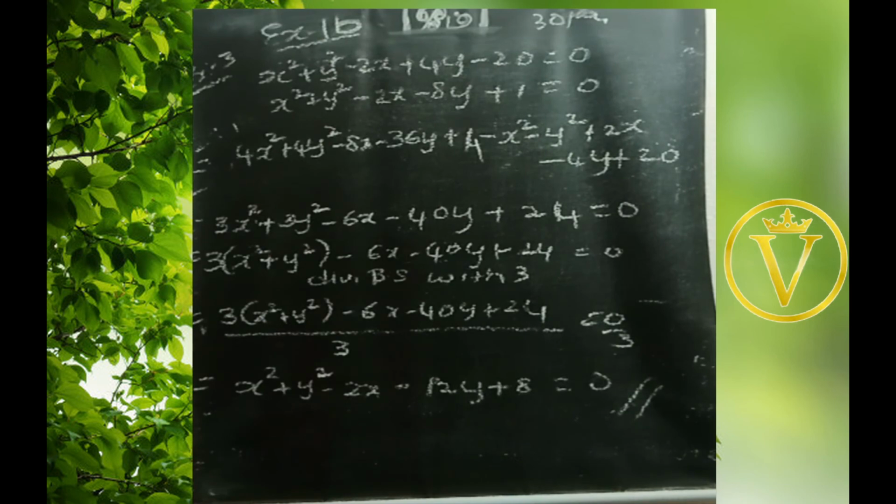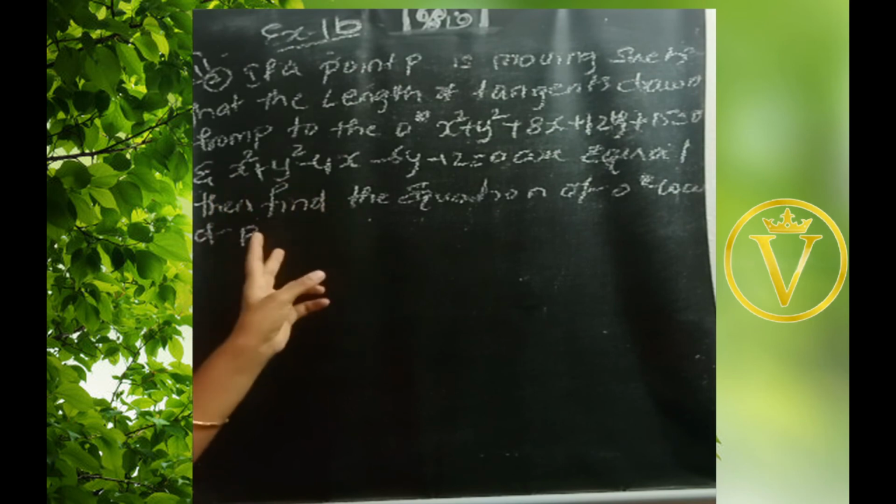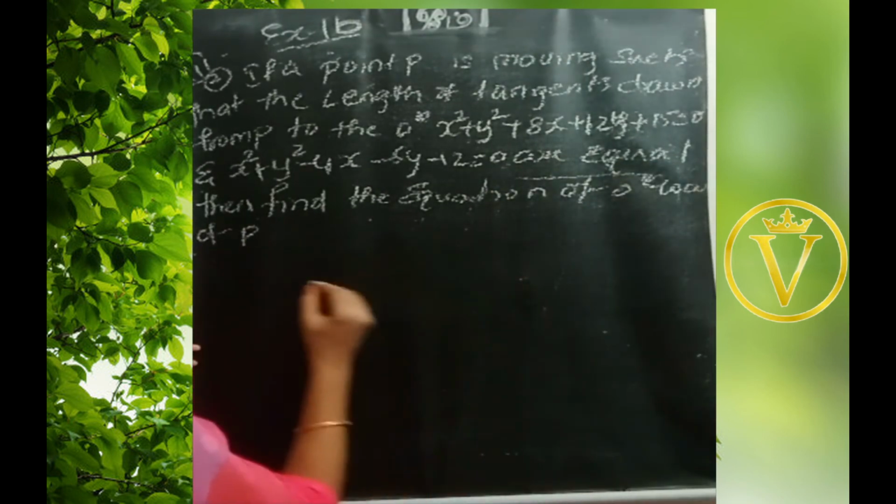Okay. Next we go for another problem. So our next problem is, if a point P is moving such that the lengths of the tangents drawn from P to the circles, same as the before problem, two circle equations are given, but they have said here these two are equal. So without giving any ratio condition, they have said these two lengths are equal.